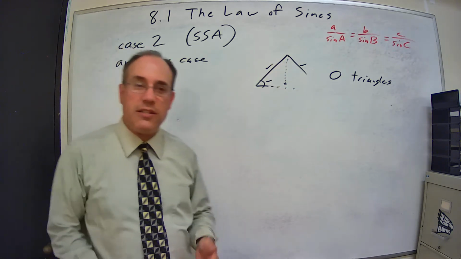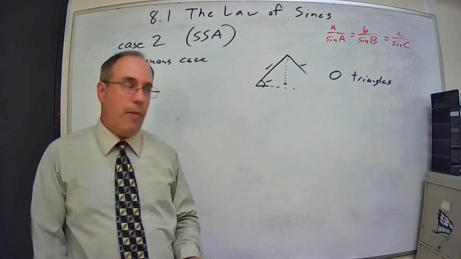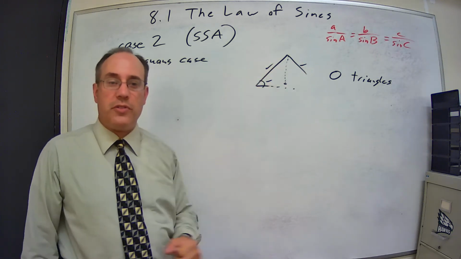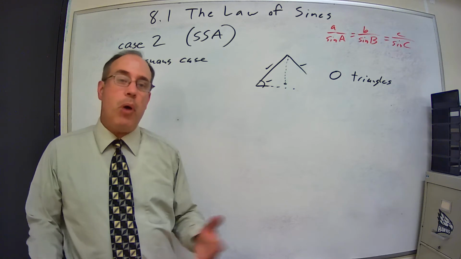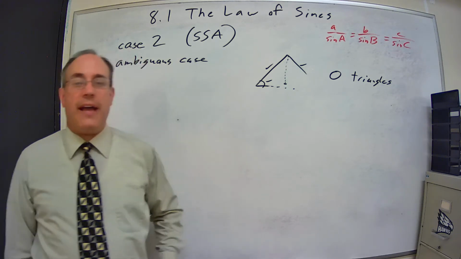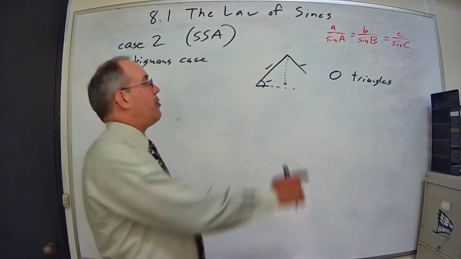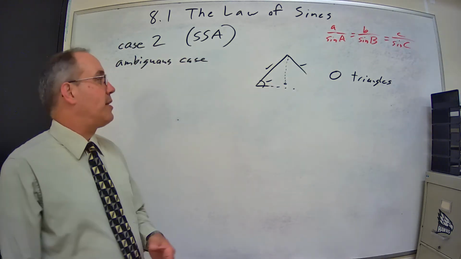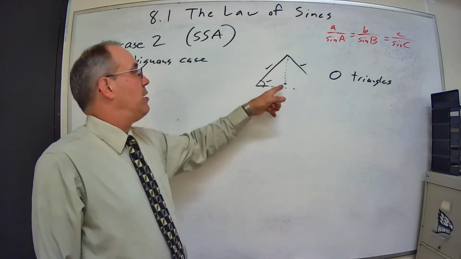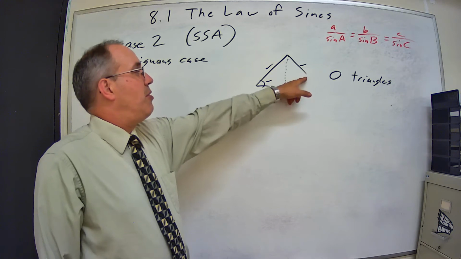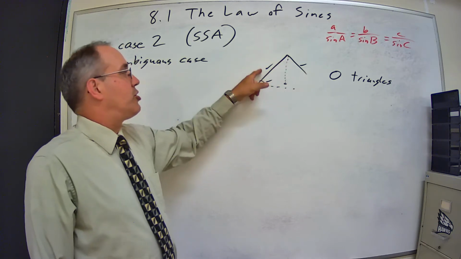So generally, this is an oops setup. We're given two sides and an angle that's opposite one of those sides, and it's impossible. There is no triangle that will fit that criteria. And we have to be able to recognize that. Well, what can we do to recognize it? Well, first of all, we can realize that this side is shorter than this side.